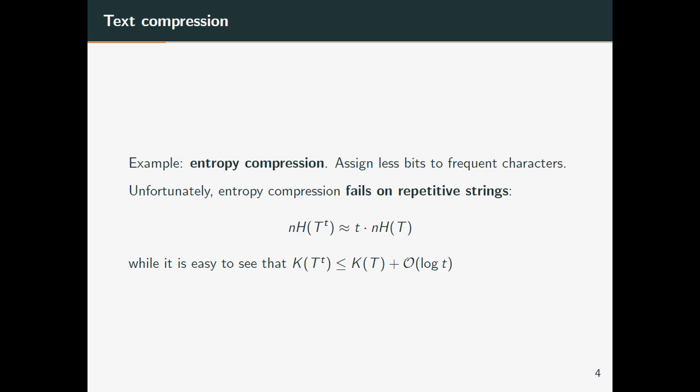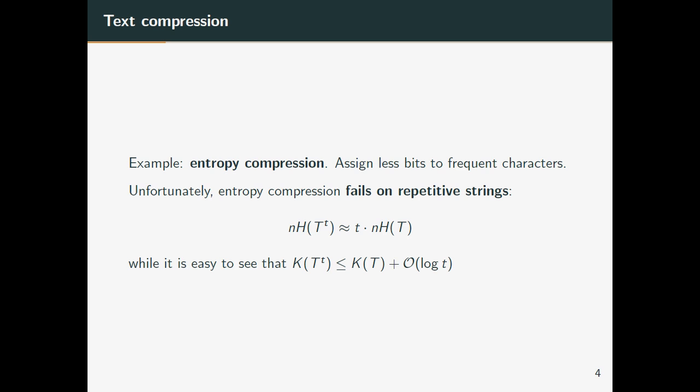If we have a source with long memory, for example a text that is a repetition of the same text T repeated t times, then the entropy of T to the t is basically t times the entropy of the main text T. While it's easy to see that the Kolmogorov complexity is able to capture this repetition.